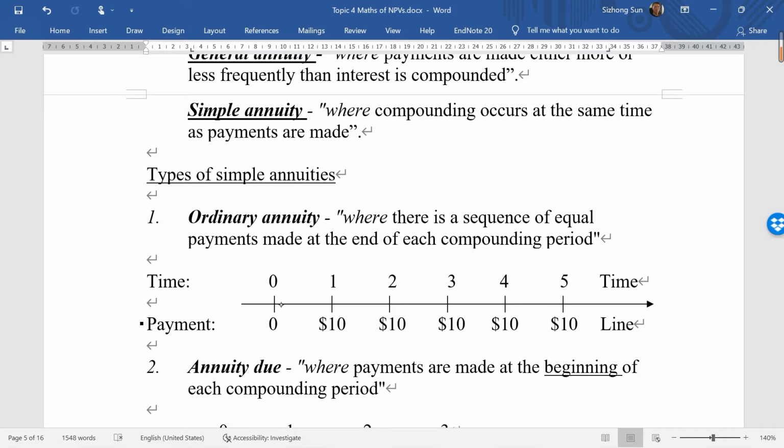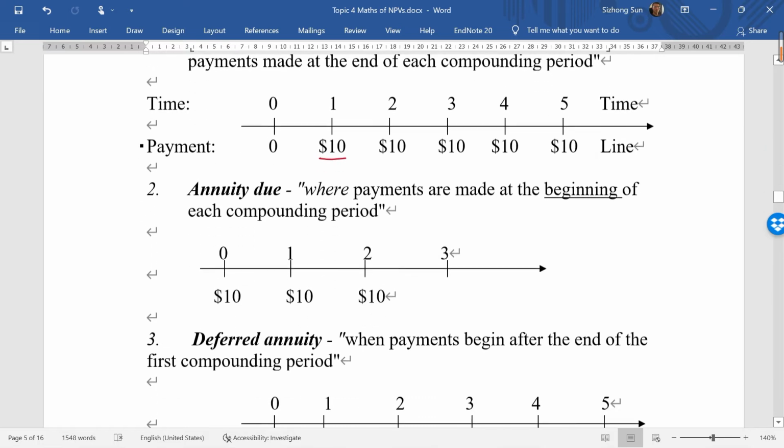For example, this is an annuity of $10 for 5 years. So at the end of each year, there's a $10 payment, $10 cash inflows for 5 years. If in contrast, this $10 occurs at the beginning of the year, so this time, present time, is also the beginning of year 1, and this is the end of year 1, also the beginning of year 2.